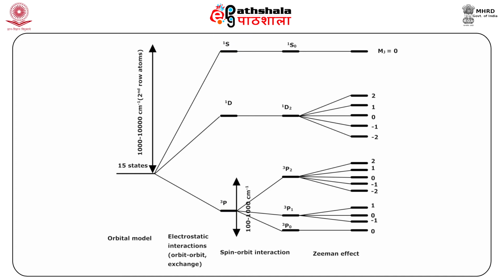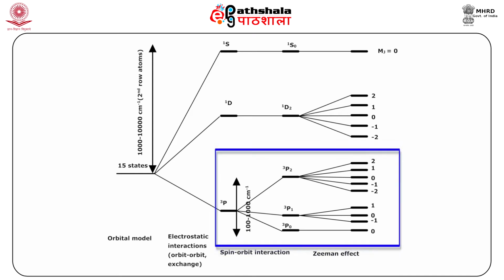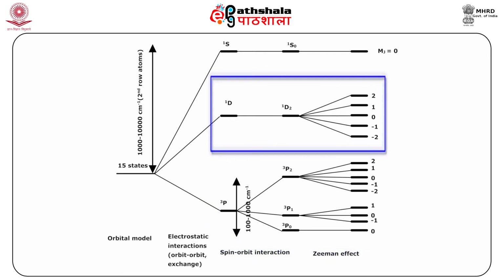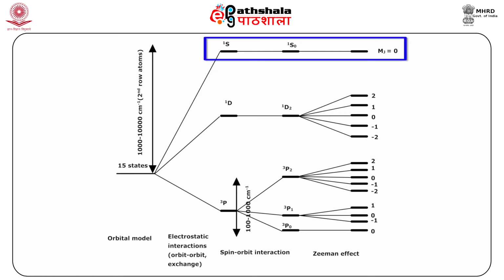Due to spin orbit interaction, the 3P level splits into 3 levels for different values of J: 3P0 is lowest in energy, then 3P1 and then 3P2. Similarly the 1D level is split into only a single level, 1D2, because it is a singlet state. The same is there for the 1S state, which only has one possible term, and that is 1S0.